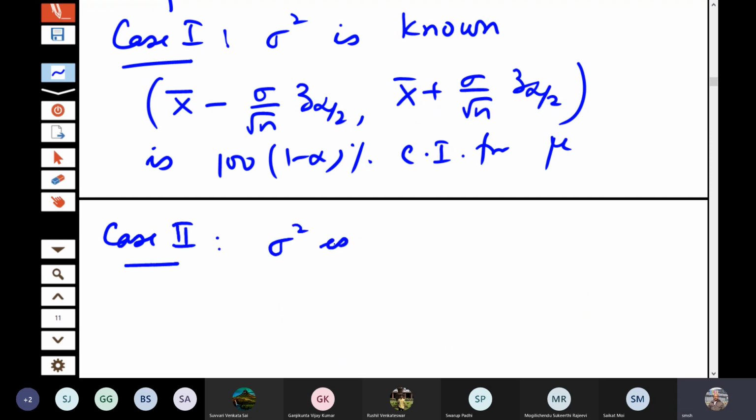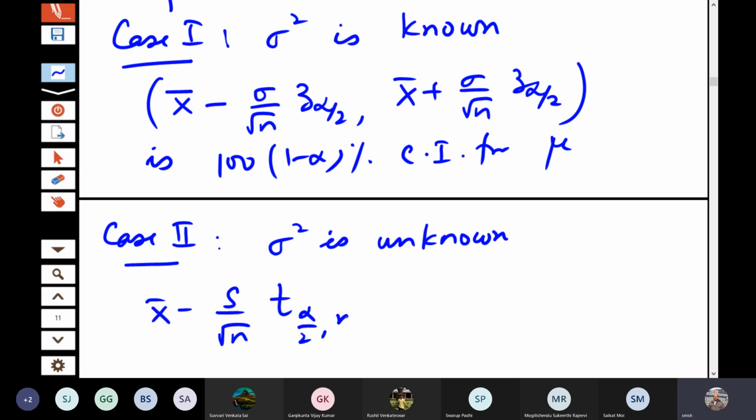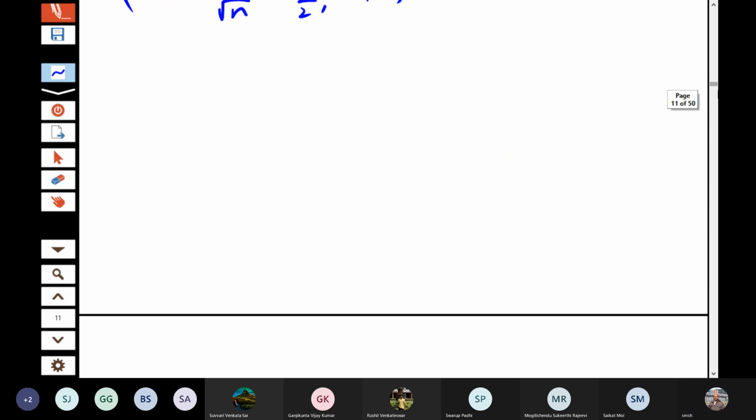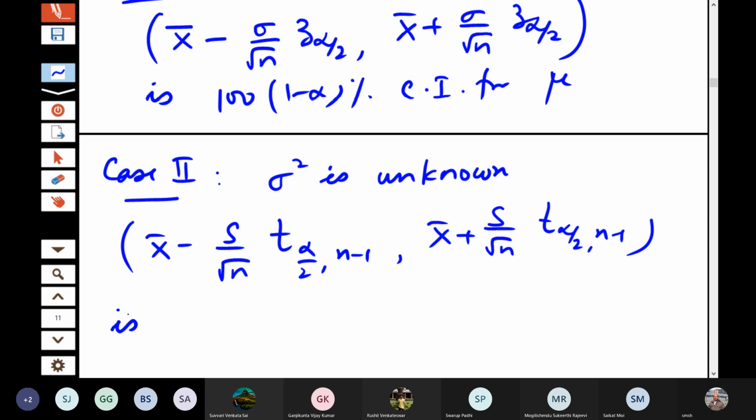If sigma square is unknown, then we replace this sigma by s, and this z is replaced by t on n minus 1 degrees of freedom. So this is the 100(1 minus alpha)% confidence interval for mu.